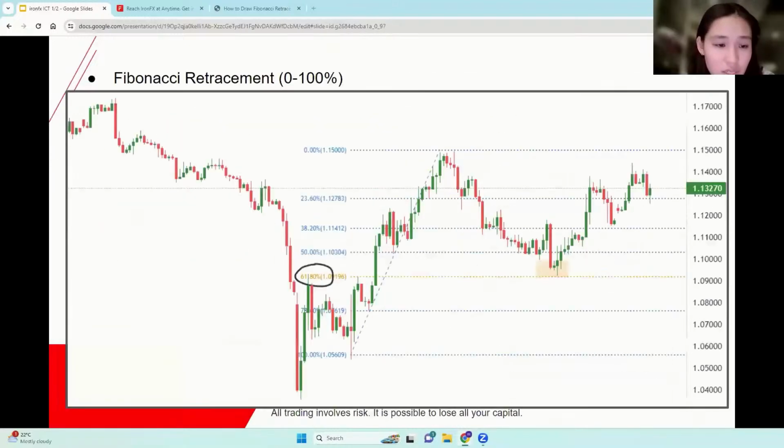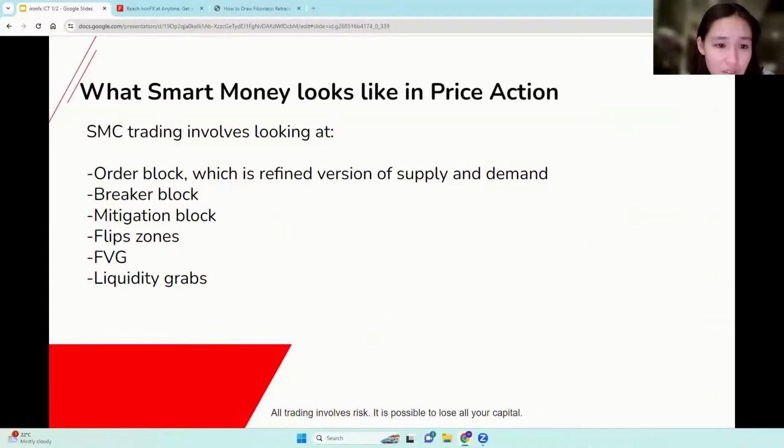Okay, so now let's look at what smart money looks like in price action. SMC trading involves looking at order blocks, which is a refined version of supply and demand of an asset, and then your breaker blocks or mitigation blocks.